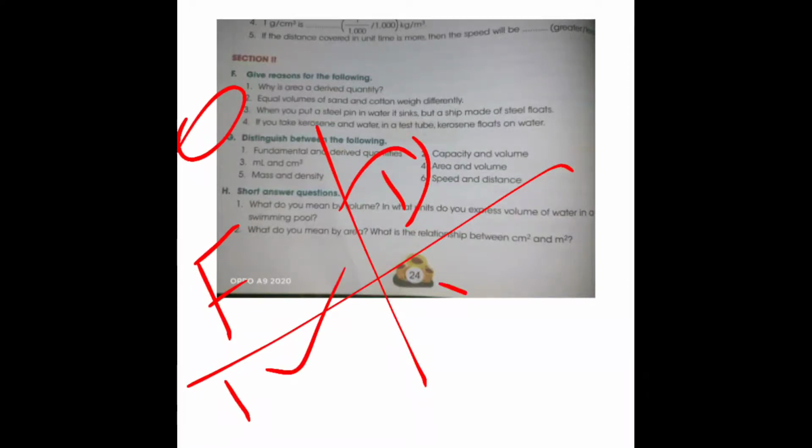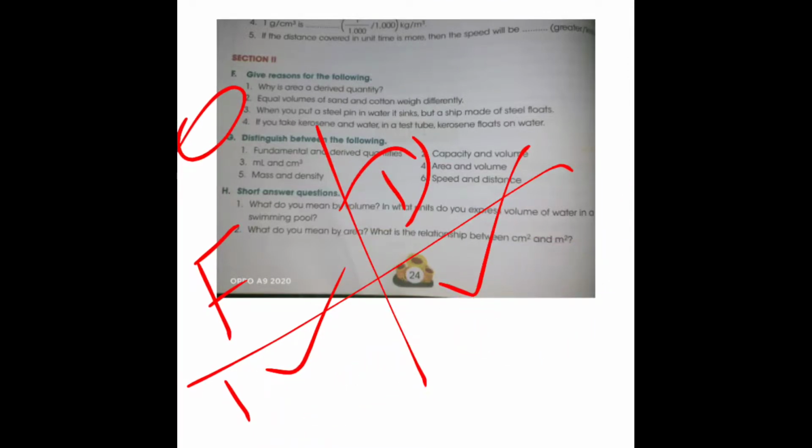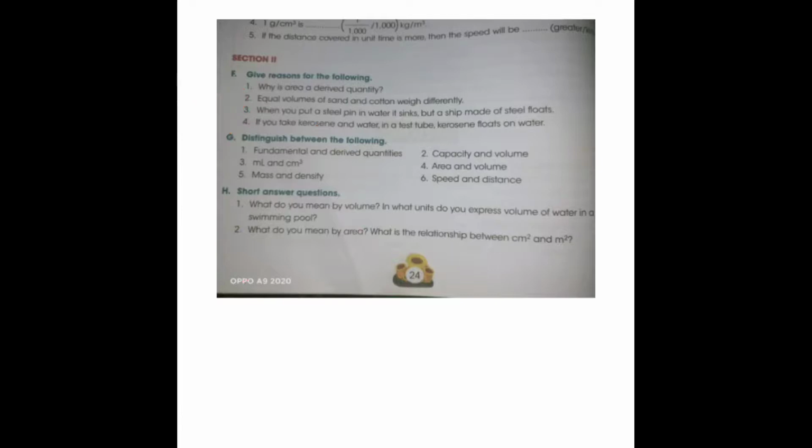Derived quantities are those quantities which depend upon fundamental quantities. Okay, and one example you will write. You can write here length, meter, and here you write area, meter square. You might write two examples of fundamental and two examples of derived. So minimum 3 points you need to write here.